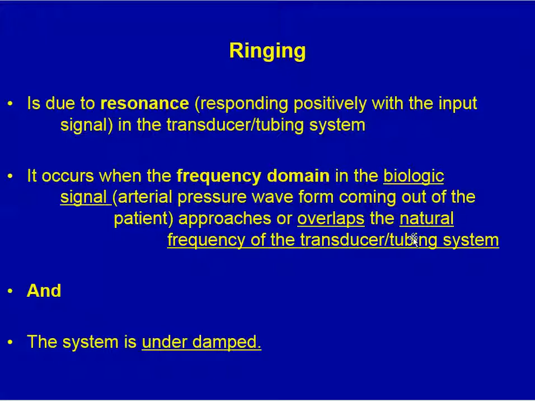Ringing is due to resonance, which refers to a positive response to the input signal. It occurs when the frequency domain of the biologic signal, in other words, the arterial pulse wave coming out of the patient, approaches or overlaps the natural frequency of the transducer system, plus the fact that the system is underdamped.